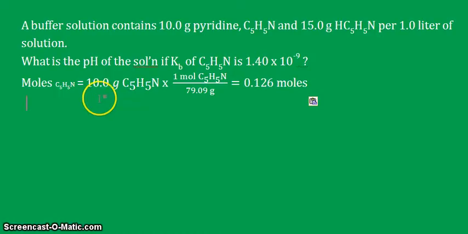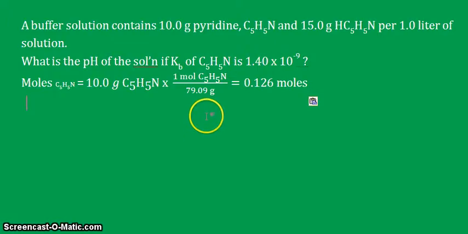Alright, so first calculate for the number of moles of our pyridine. So we have 10 grams of pyridine, then we try to use the molar mass of pyridine. Now if you forgot how to calculate for the molar mass of pyridine, you simply sum up all the atomic masses of the individual elements present in that formula.